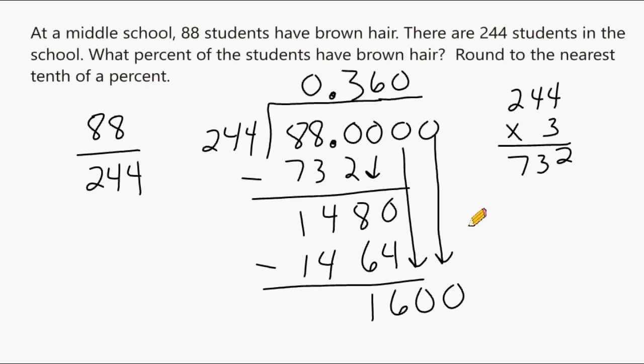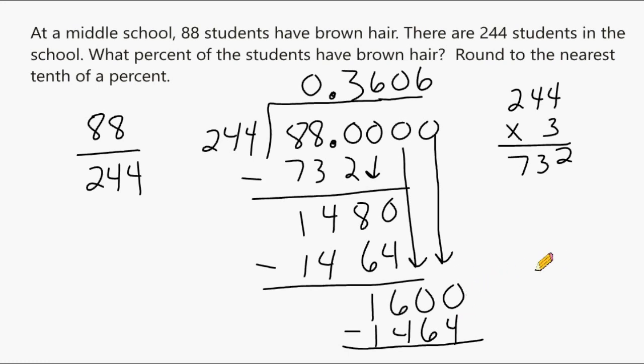Well, we know that 244 went into 1480 6 times, which is 1464. I don't think this would fit in a 7th time, so let's just multiply this by 6 again and subtract 1464 from 1600, and let's just see what we have remaining here.